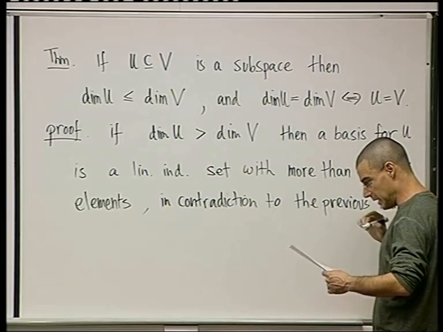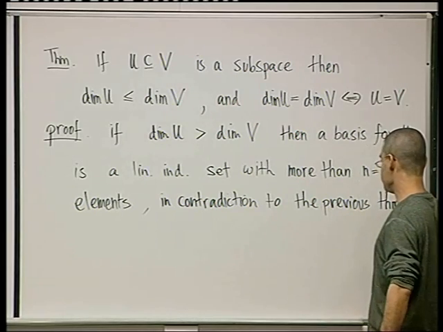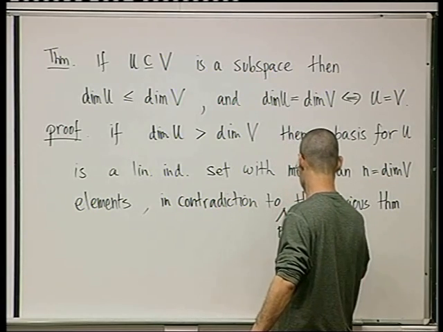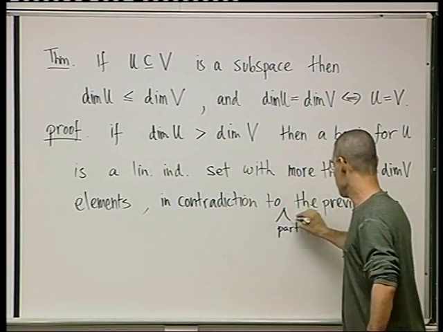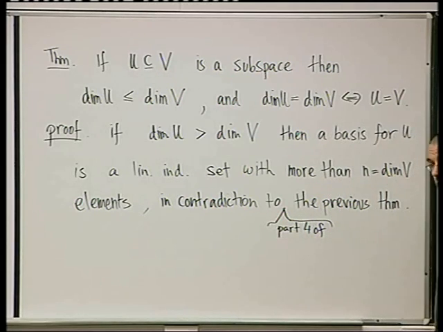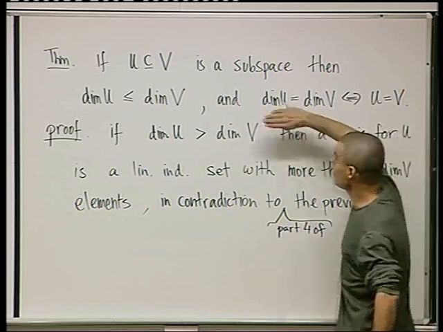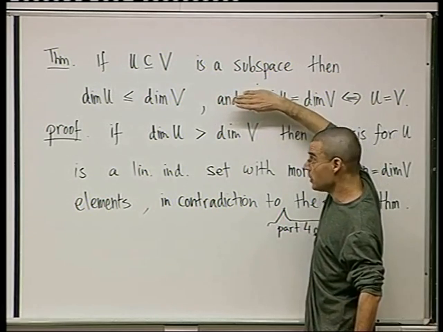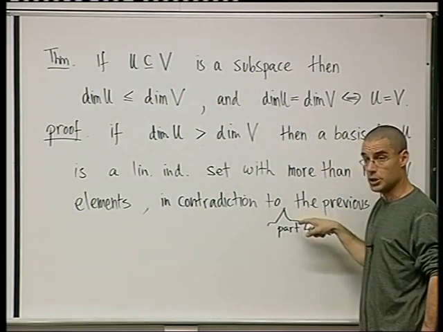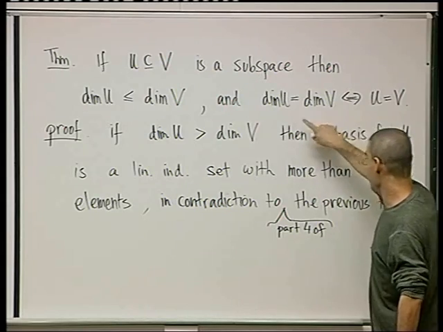So it was part 4, in contradiction to part 4 of the previous theorem. Okay, good? Okay, so this proves up to here. The dimension of U has to be less than or equal to, because if it's greater than, we reach a contradiction. But now, why are they equal?